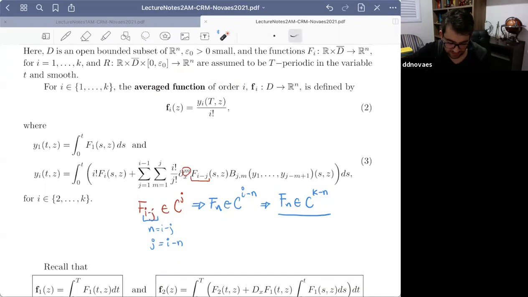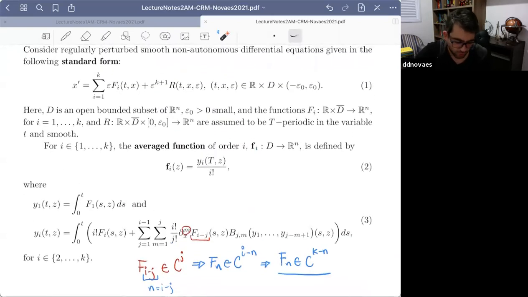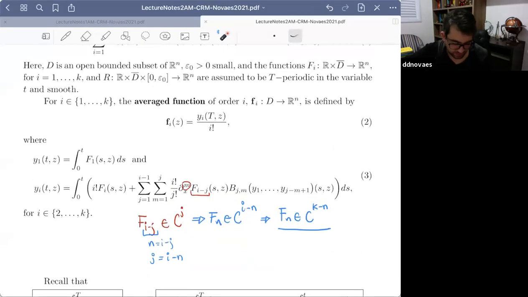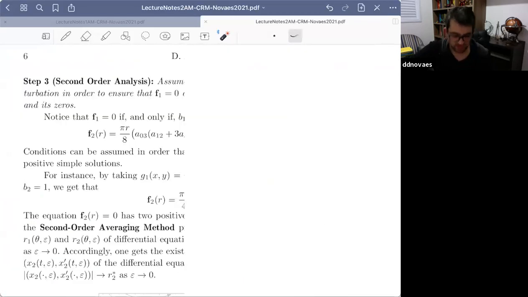Because here, recall that we are assuming that all those functions are smooth. But it's interesting to see if it works in less regular contexts. So this is the content of the next theorem.